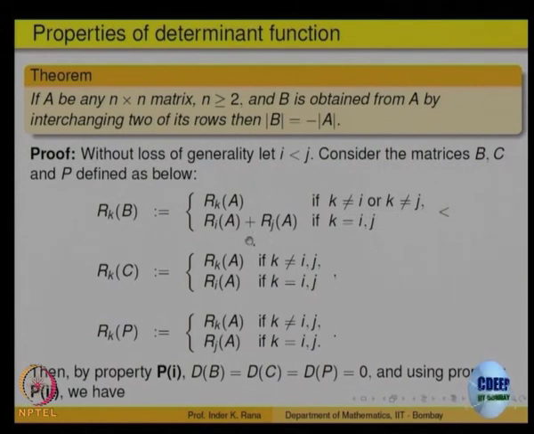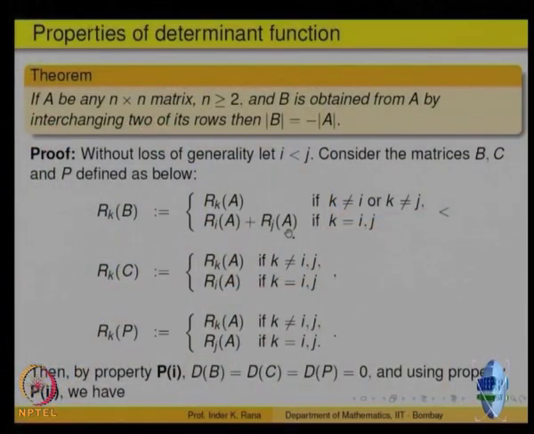The ith row is Ri plus Rj of the original one, and the jth row is also the same, Ri plus Rj. So, using that i and j, I have constructed a new matrix. Now, in this new matrix, the ith and jth rows are same.